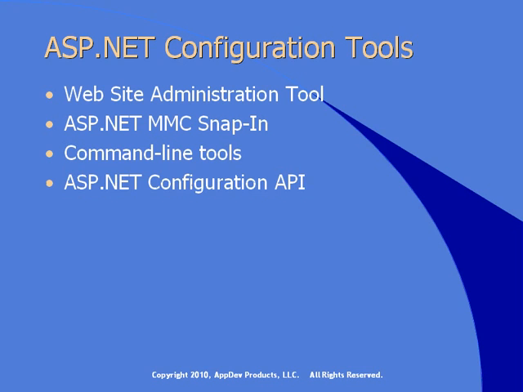If none of the tools work for you and you really just don't want to work with the XML directly, you can program against the ASP.NET Configuration API. This is actually an API that is available through all .NET applications. It's a complete managed interface for configuring applications without directly editing the XML configuration files.